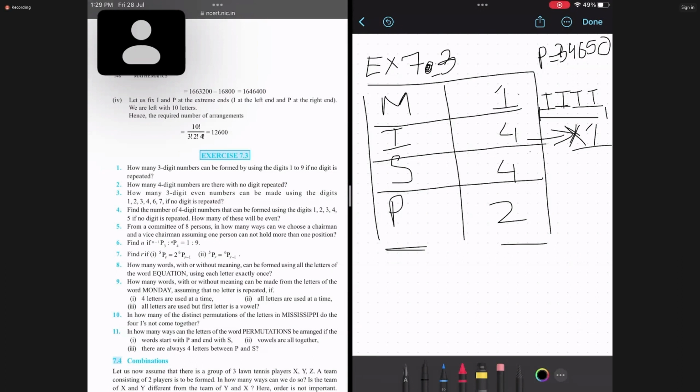Now moving on to the last question of exercise 7.3 that we have up for discussion.